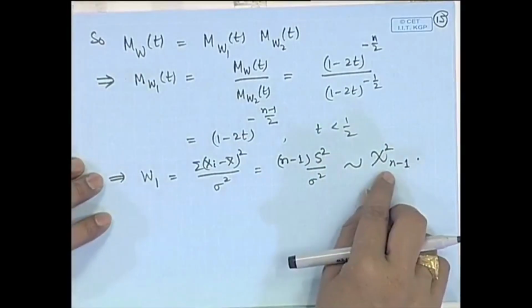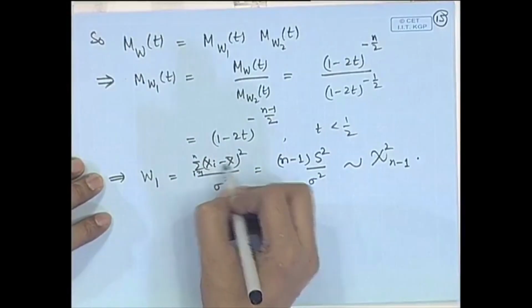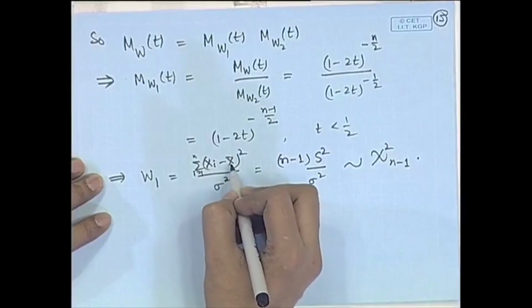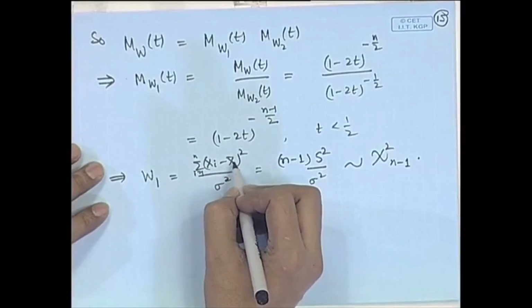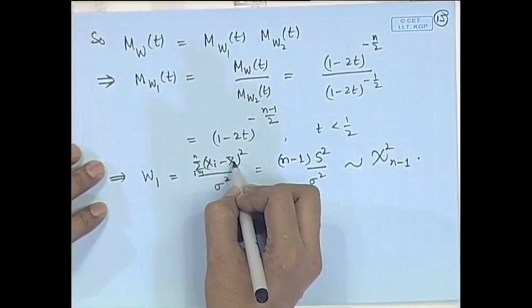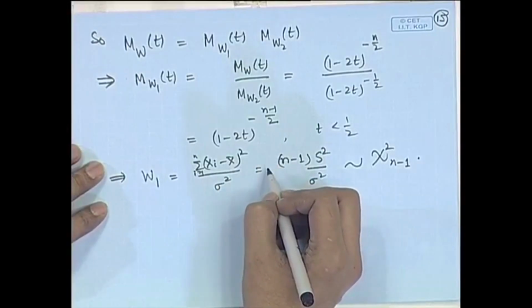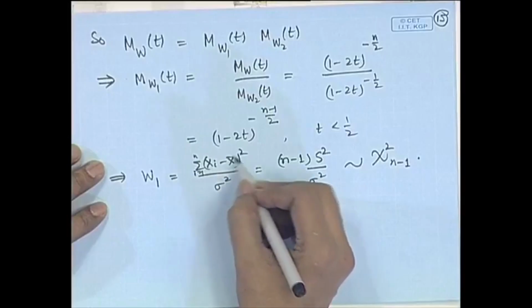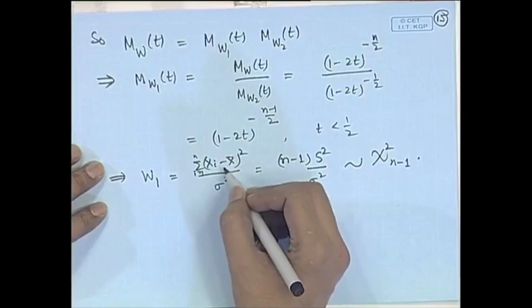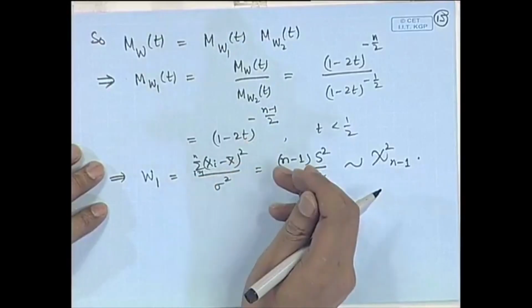Here we want to clarify one question: although this is a sum of n variables, in fact, each of x i minus x bar is a normal random variable. In fact, x i minus x bar will follow a normal distribution with mean 0, because x i has mean mu and x bar has mean mu, and variance will become sigma square (1 plus 1 by n). So, it is a sum of n squares of normal random variables, but these are not independent, because sigma (x i minus x bar) is 0.